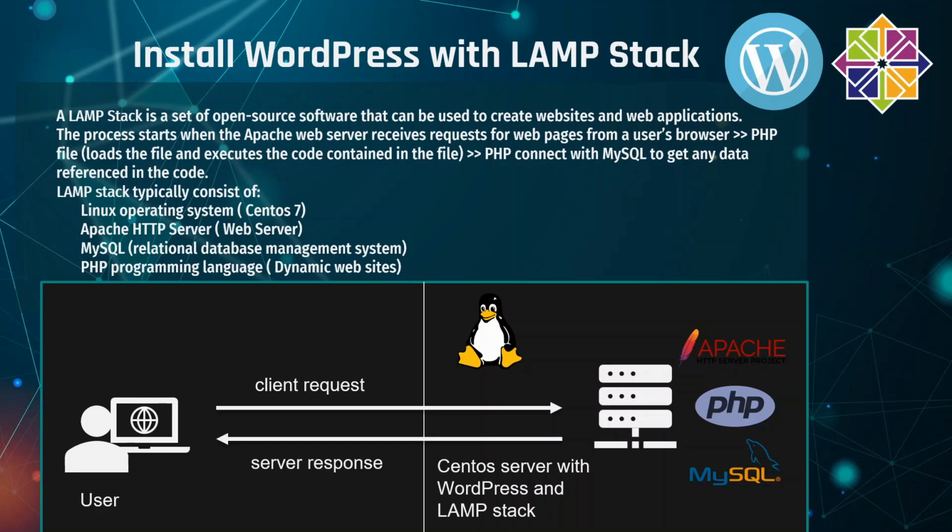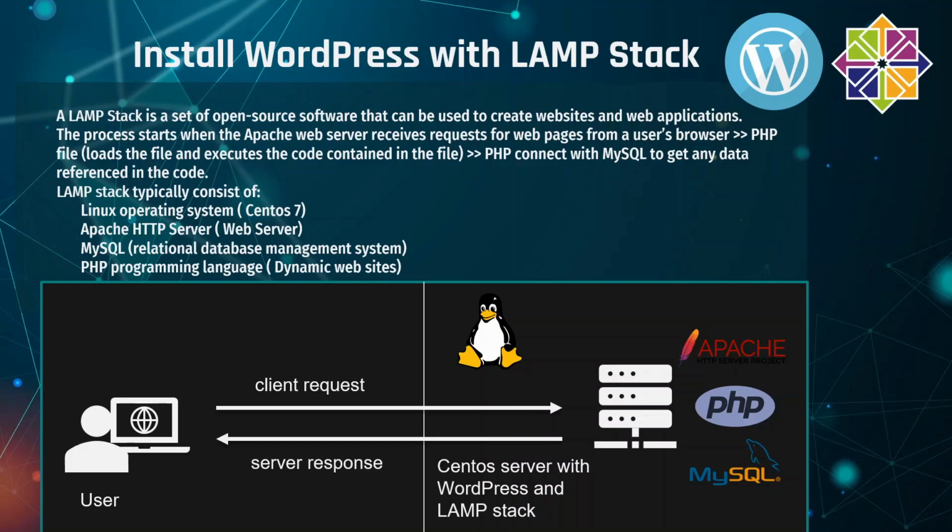Also, it consists of Apache. This is the web server, the HTTP server that we are using. And we also need MySQL, a relational database management system, to store the data for the web pages, and the PHP programming language. These are used for dynamic websites.